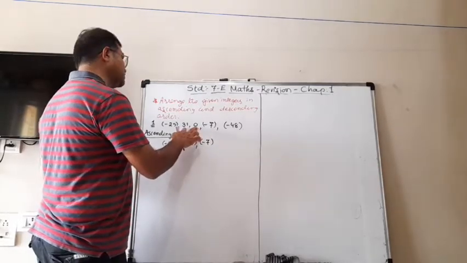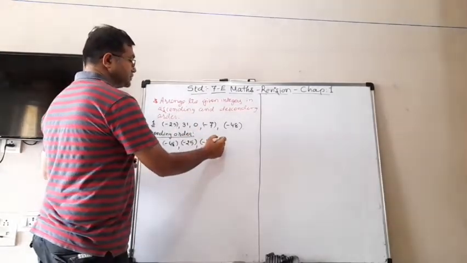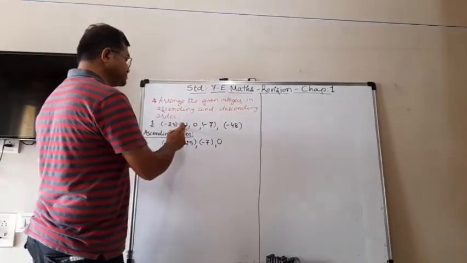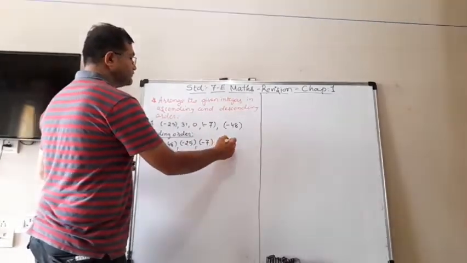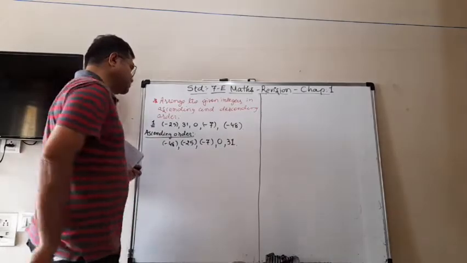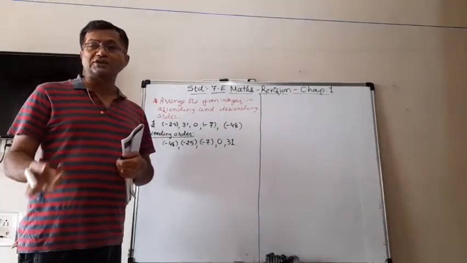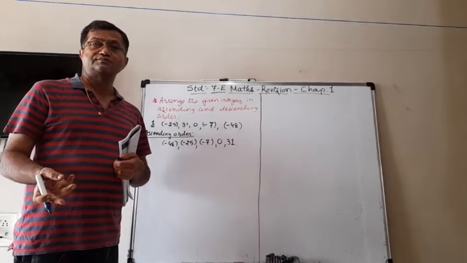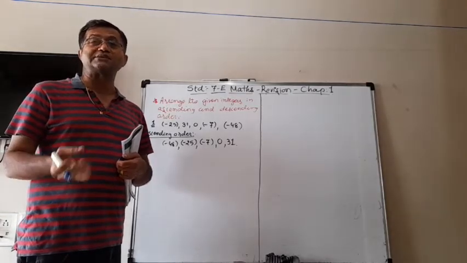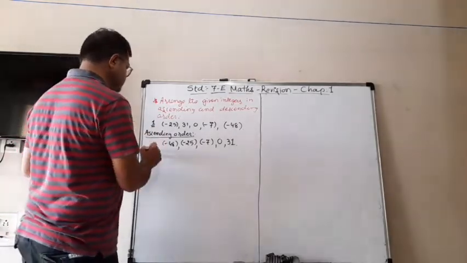Now the remaining 0 and 31, we know that positive numbers are greater than 0. So 0 will be first and last it will be 31. Now if you have arranged in ascending order, then descending order will be very simple. Just reverse it.